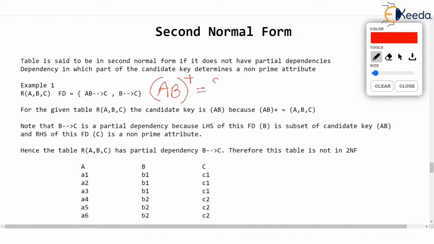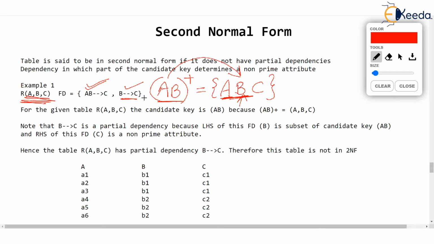AB closure will surely contain A and B. Because AB is there, the FD AB determines C applies, and even B alone can bring C, so C also joins the closure. There are only three attributes, A, B, C, and AB can determine all three. That means AB is the candidate key of this table.